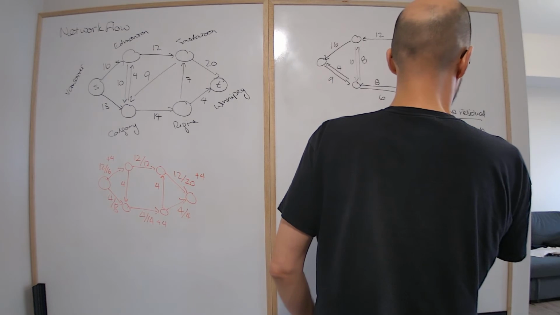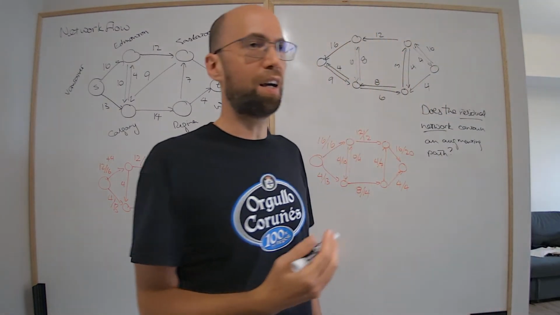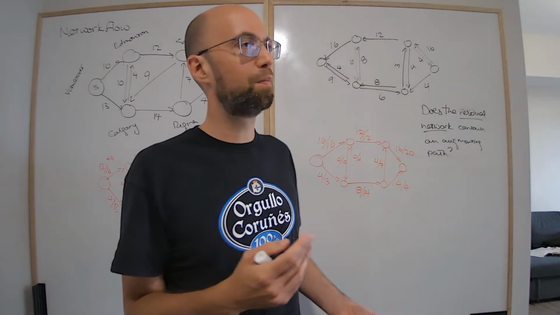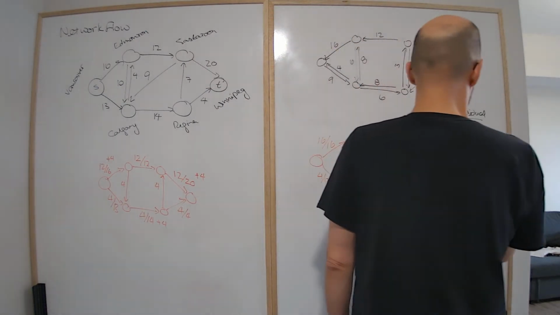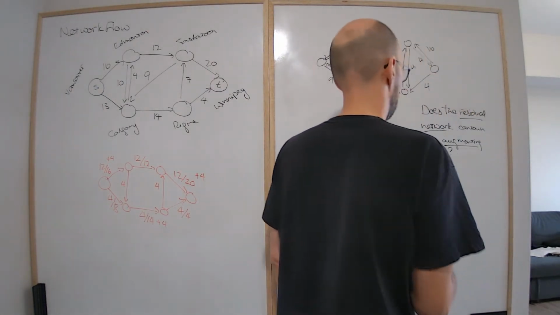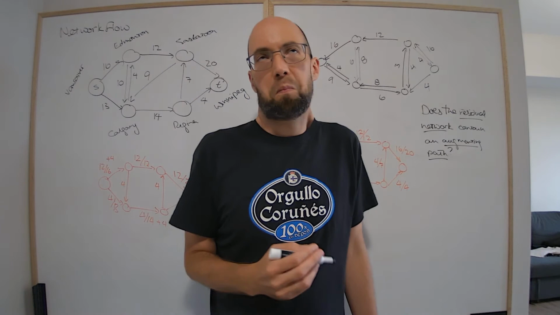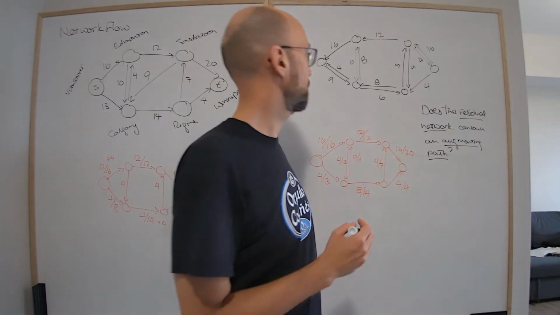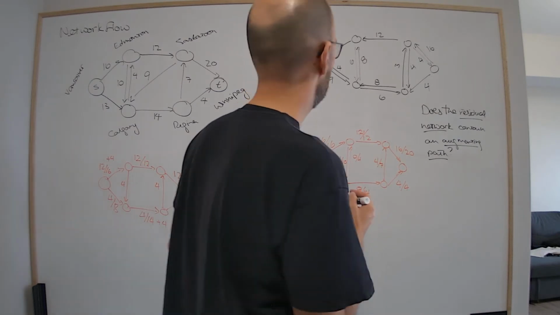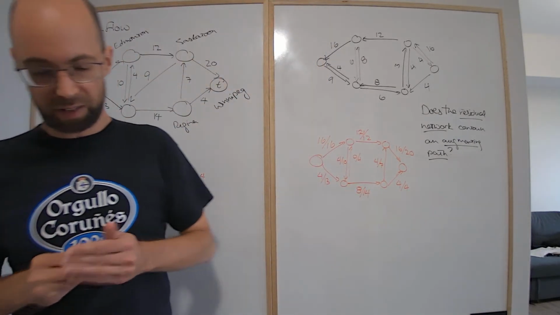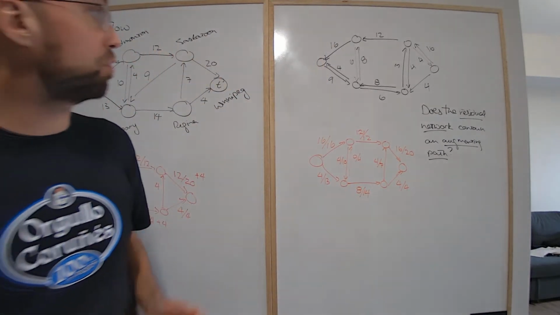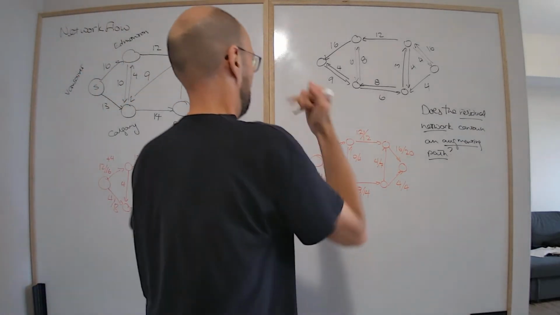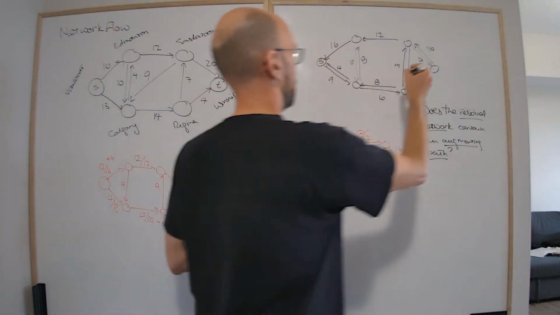Well, actually, I guess in the residual network, the augmenting path is just a path from S to T. Okay, you've already seen assignment 6, so you know I don't actually ask you about this, I think. Okay, so can you get from S to T?